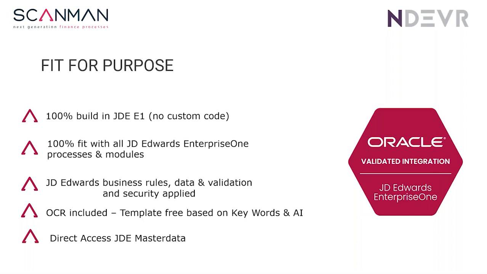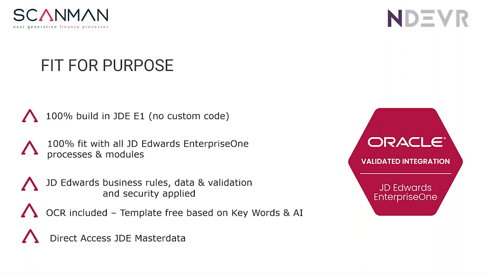It's based on keywords and artificial intelligence, so for every supplier template, it will only look for the specific keywords, and also the position of the information connected to the keyword. So, for instance, invoice number, it can be stated anywhere in the template. It will always be recognized by the system, which means the recognition rates are relatively high compared to traditional template-based OCR solutions, where you constantly have to train the OCR solution because you are dealing with different templates.